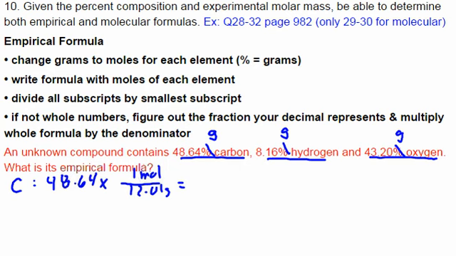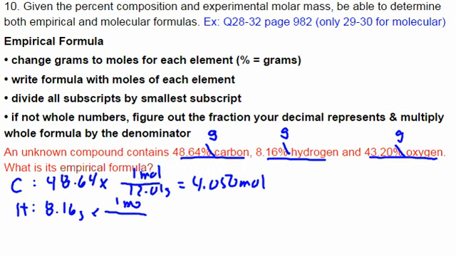This is 4.050 moles of carbon. My hydrogen, 8.16 grams. When a mole weighs 1.01, means I've got a little over 8 here, 8.079 moles of hydrogen.